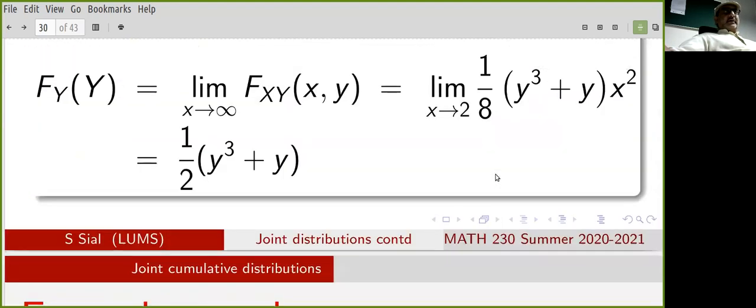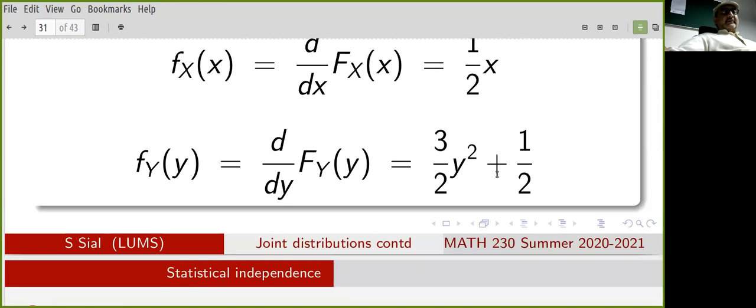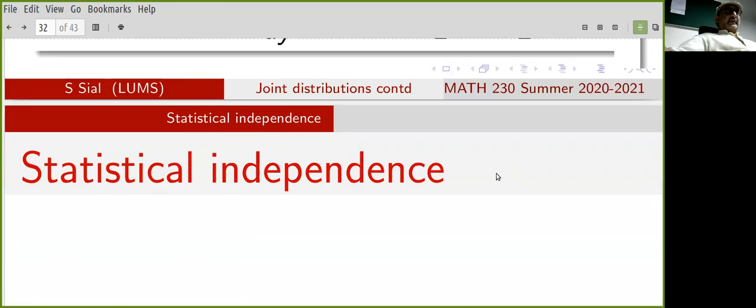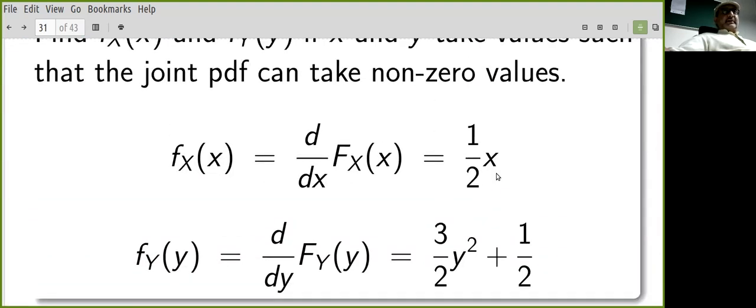And similarly for y, if I take the derivative of this cumulative distribution function for y, 1/2 (y cubed plus y), with respect to y, I get 3/2 y squared plus 1/2. So that would be one way of finding the individual marginal PDFs.